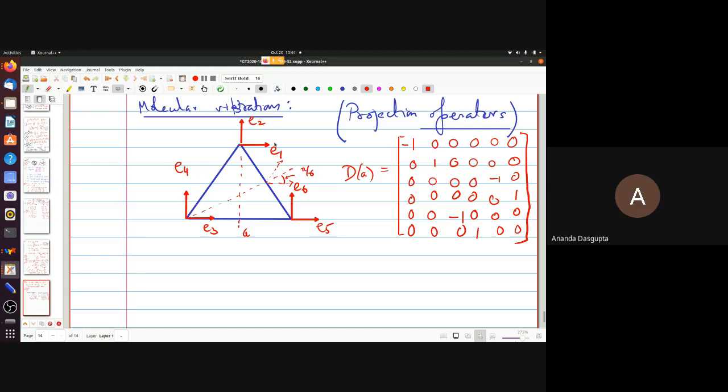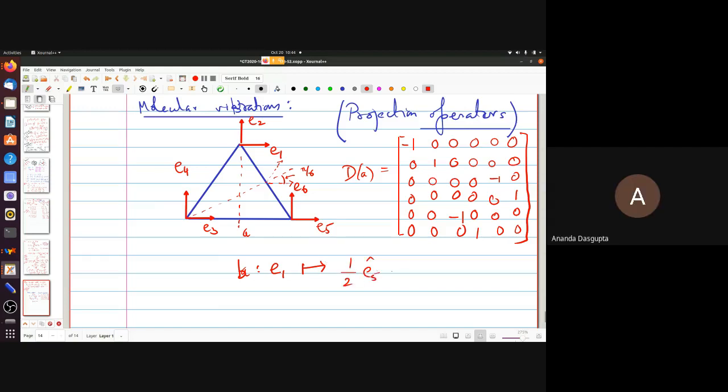So can anybody tell me what E1 will become under A? Oh, sorry, not under A, this was under B. Half E5 plus root 3 by 2 E6. Right.